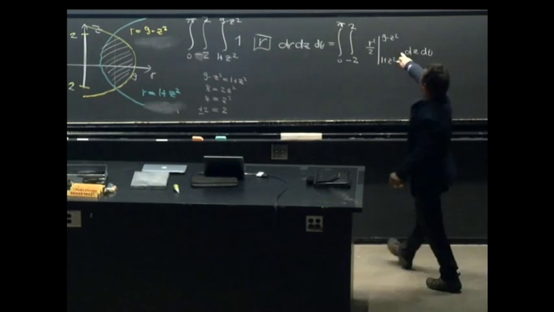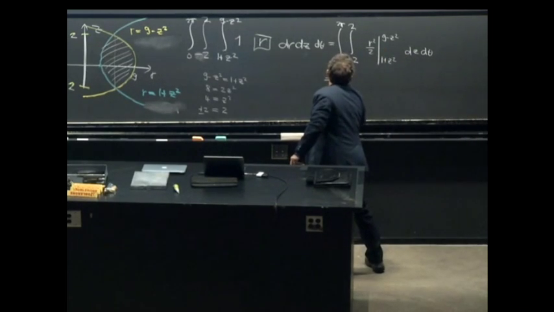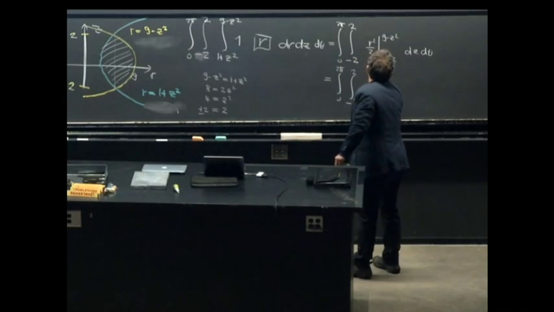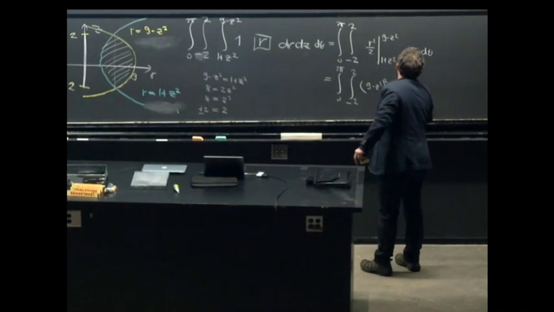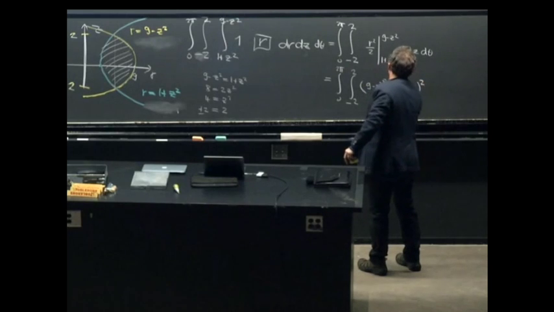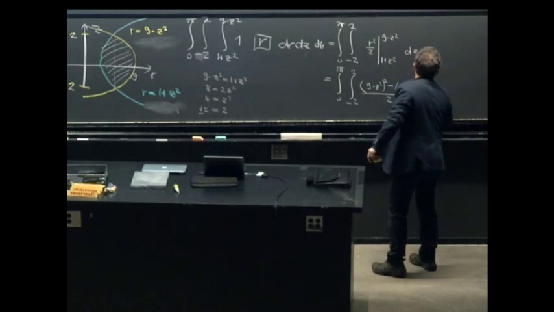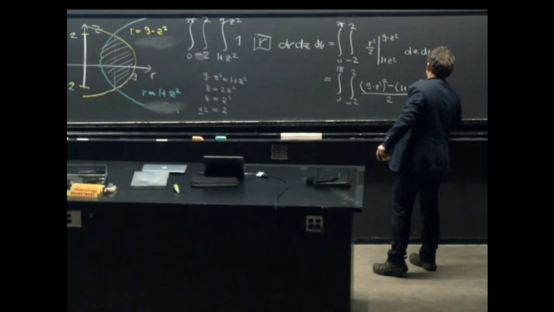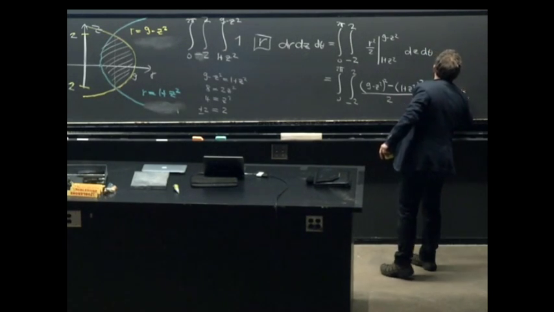And now we plug that in here, so we get the integral from 0 to 2 pi, from minus 2 to 2, and then we get (9 minus c squared) squared minus (1 plus c squared) squared, divided by 2, dz, and then d theta.